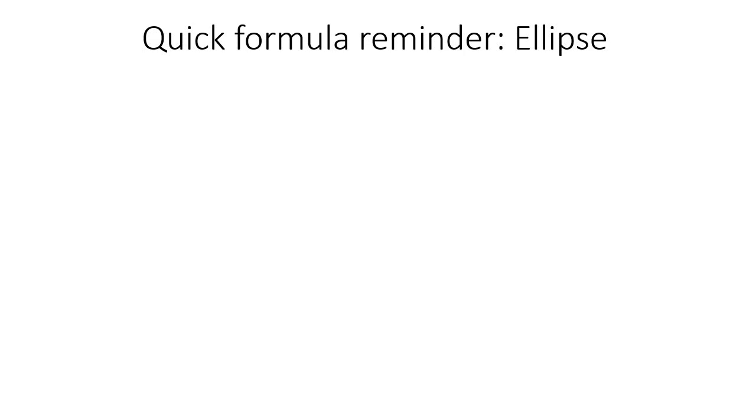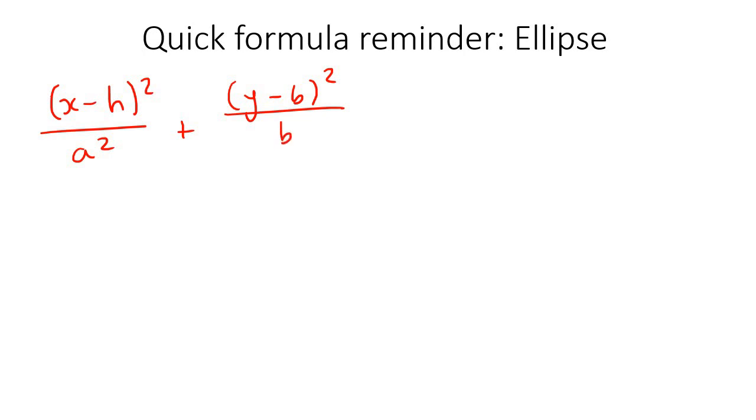Then the next one is an ellipse. So with an ellipse, it almost looks like a circle formula. But then we've got a squared, and then b squared, and then there's a 1. What's important about an ellipse was that we typically had it equal to 1, and there was a plus in between them, and these numbers at the bottom were different. So you see how a circle and an ellipse are very similar.